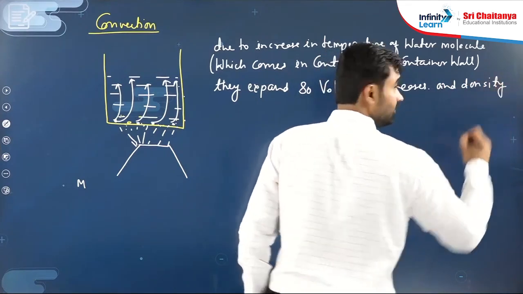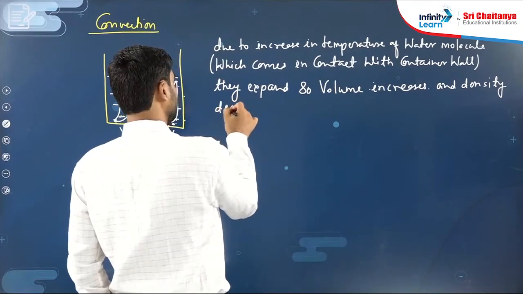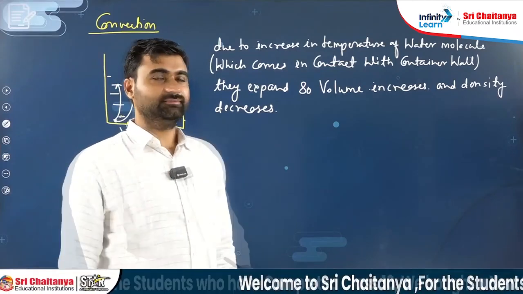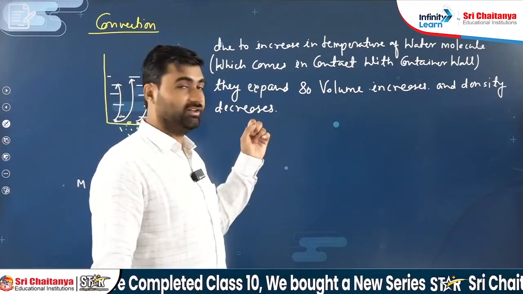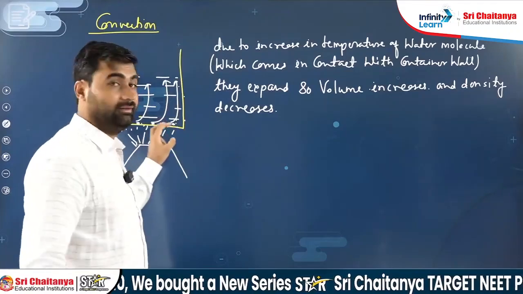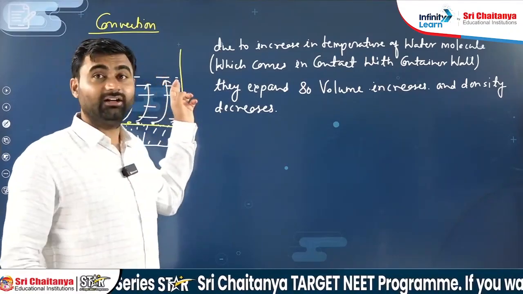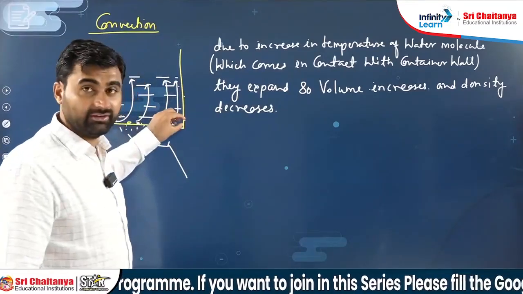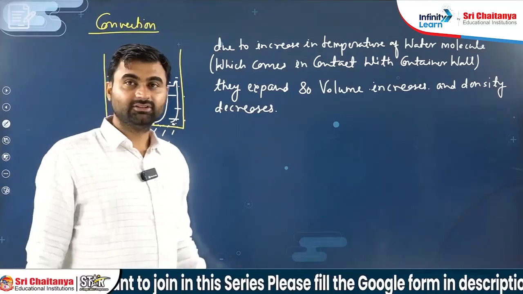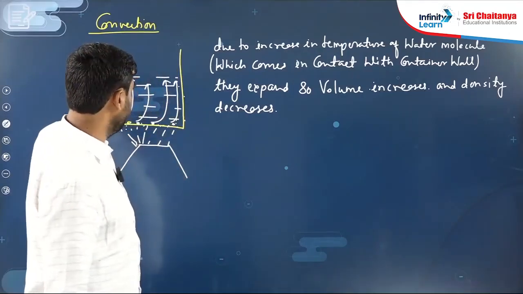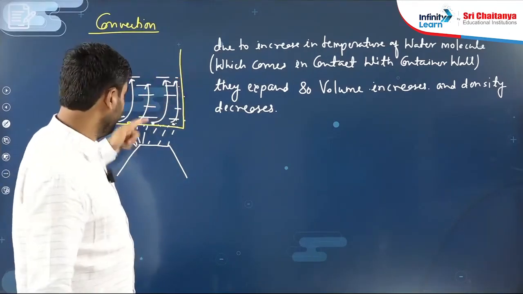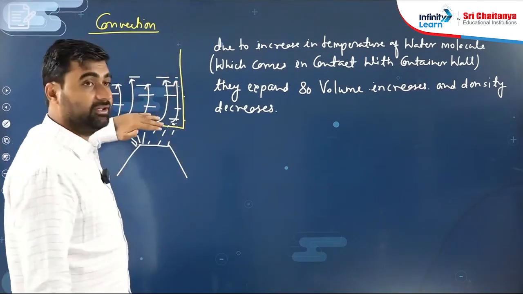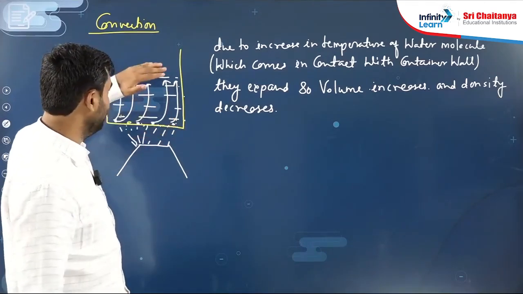Very important point. If density decreases then what will happen? These molecules become light. These molecules are heavy comparatively. Here low density, here high density. Those molecules at the top are not in contact, so their density is as it is, but here density becomes less.